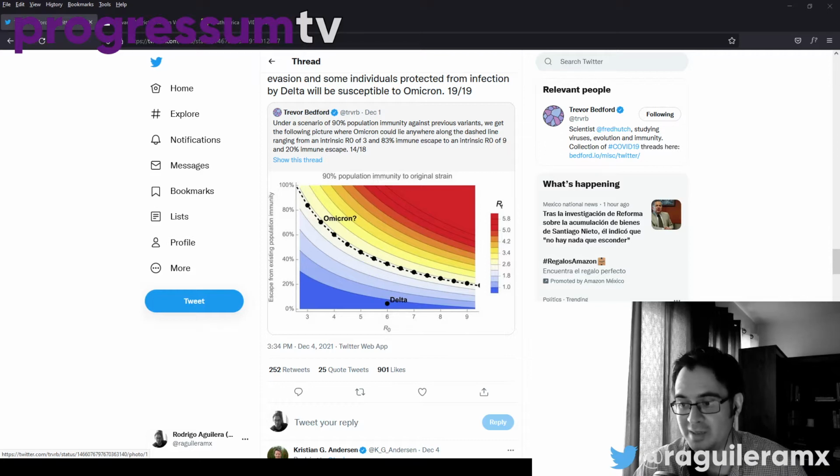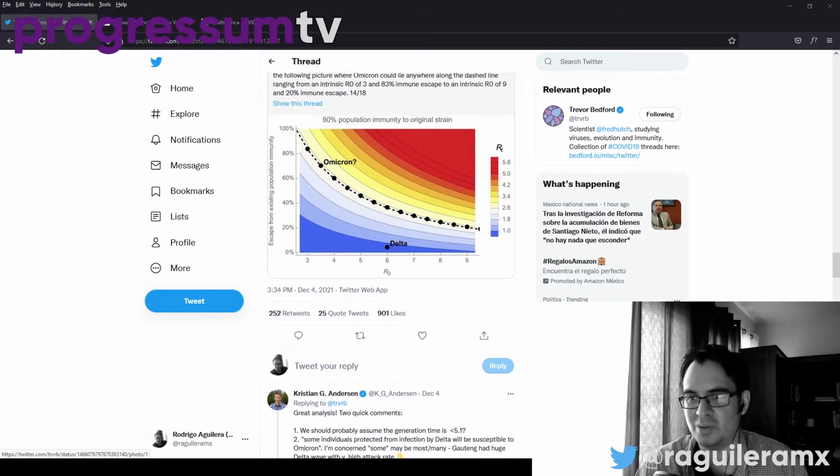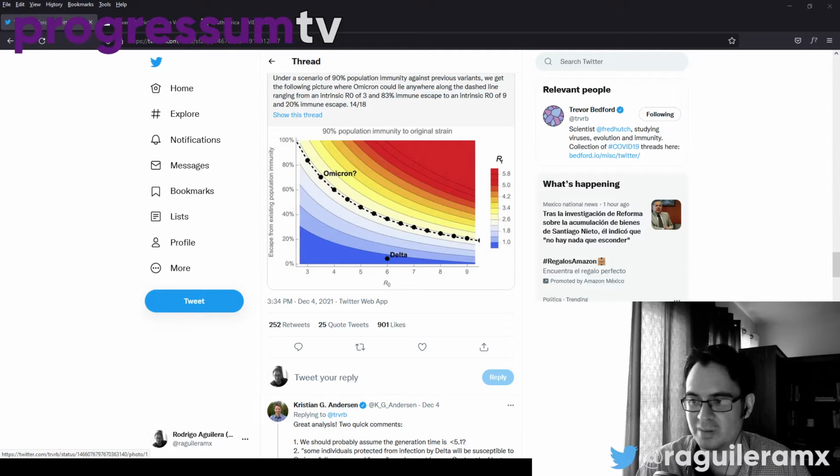Or when I say vaccine, I mean previous immunity as well. Actually, anything I've said right now involves mostly previous immunity, unknown whether this refers to vaccines or not. We still don't know just how effective the vaccines are. But this chart basically gives the range of possible options where Omicron can sit.